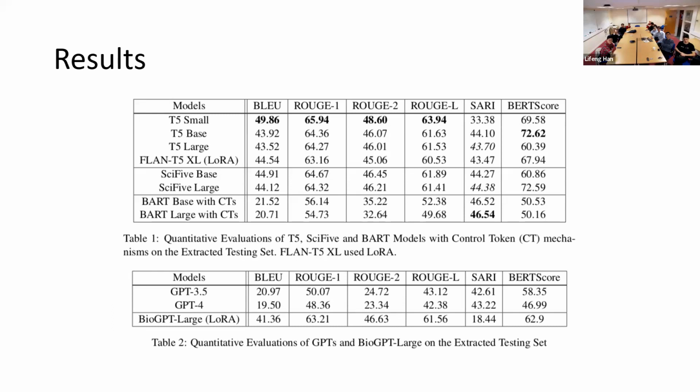And then the BERT score for BioGPT large is 60 plus. So either GPT one-shot or BioGPT didn't win over the T5 and the BART models on both metrics in this comparison. So that's why later we will not pick a GPT model for human evaluation.